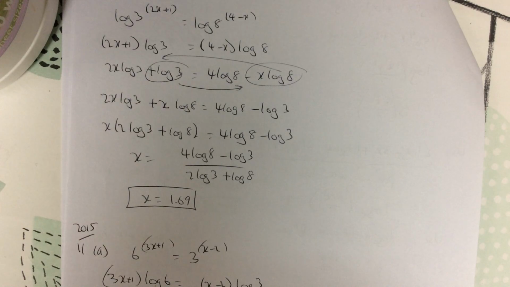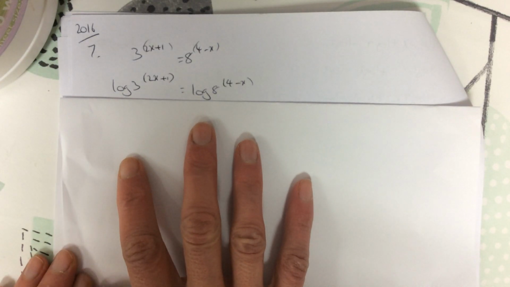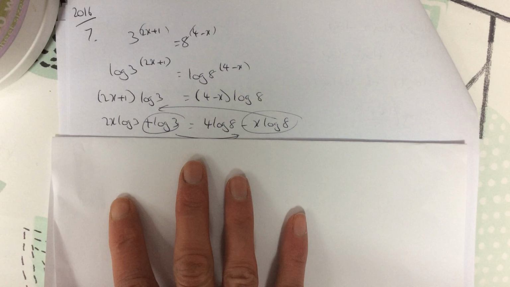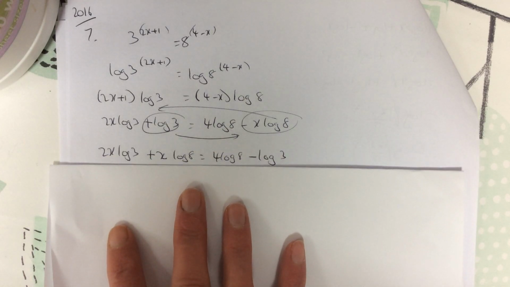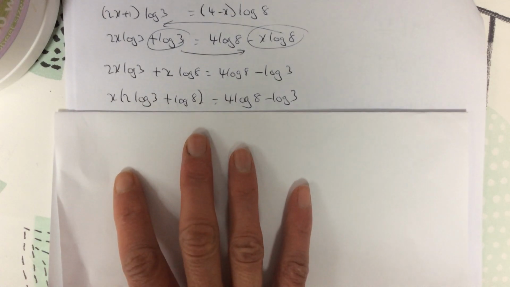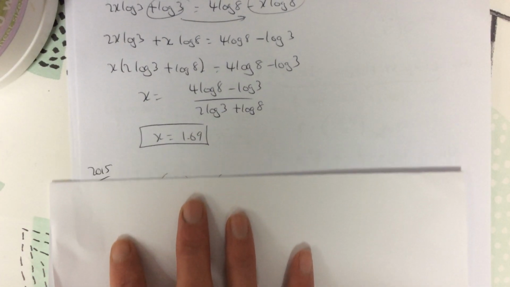Now, probably get very repetitive, so I'll speed up a wee bit. Exponential equation: powers, log each side, power to the front, expand out your brackets, x is one side, numbers the other, factorize out your x, bring your bracket over, divide, and through your calculator.